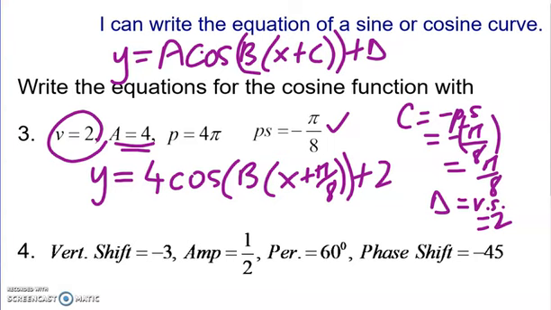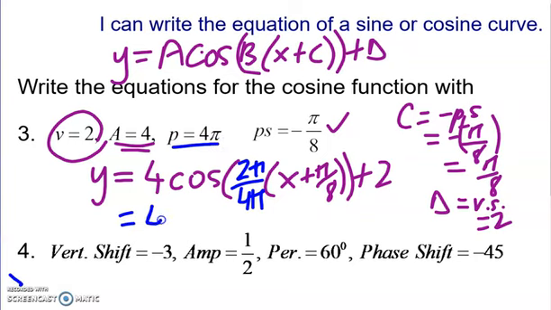And so for b value, we can just write it in here. So the b value is 2 pi divided by 4 pi, which is the period that we're given here. So 2 pi divided by the period.